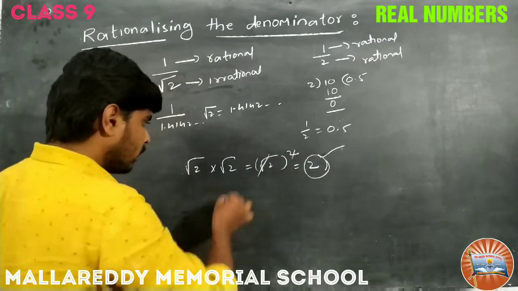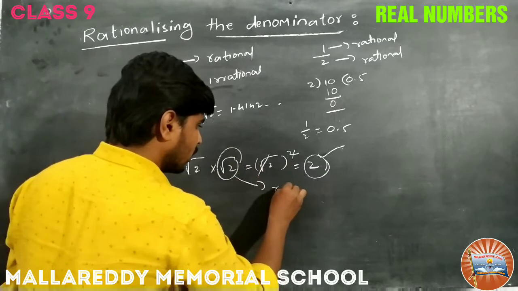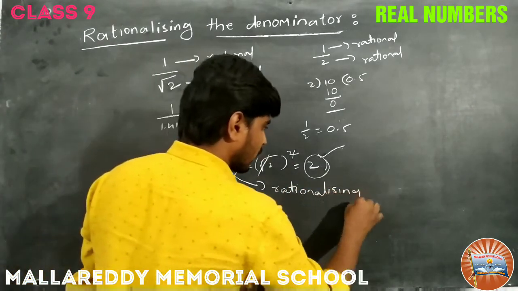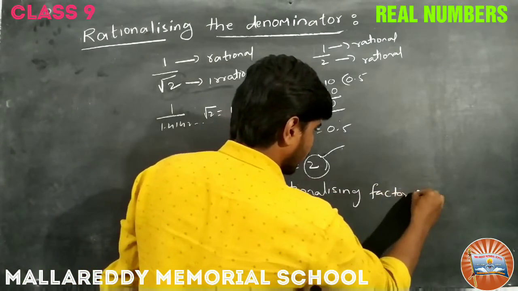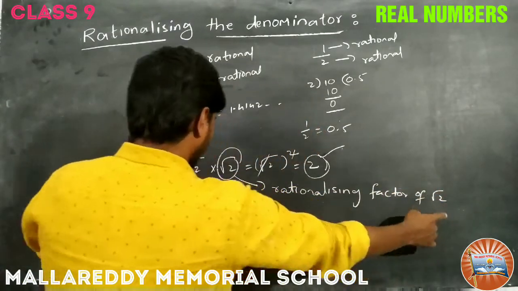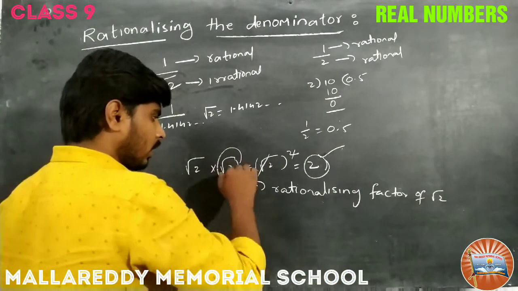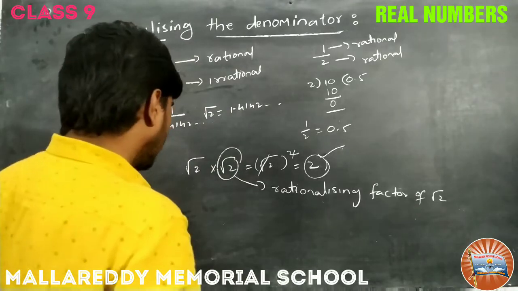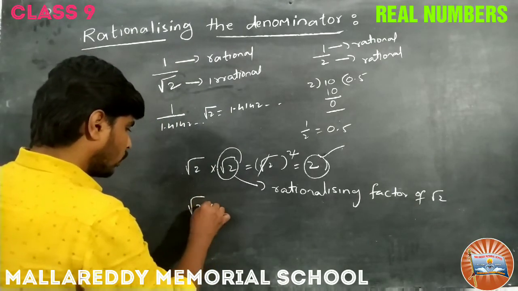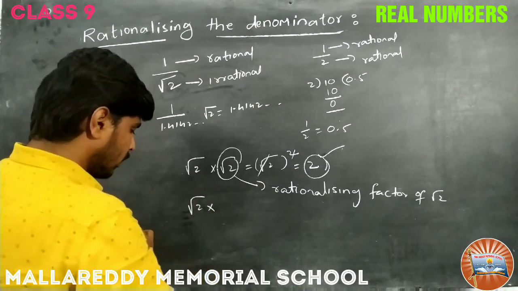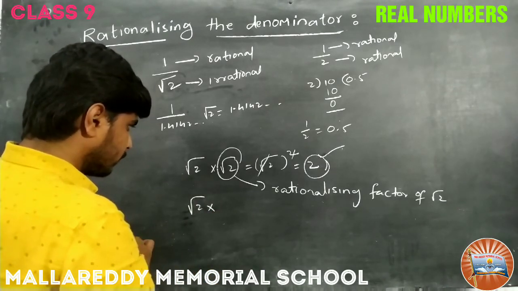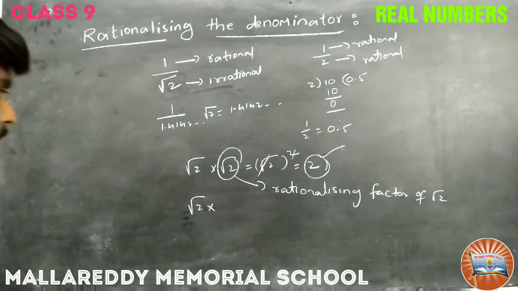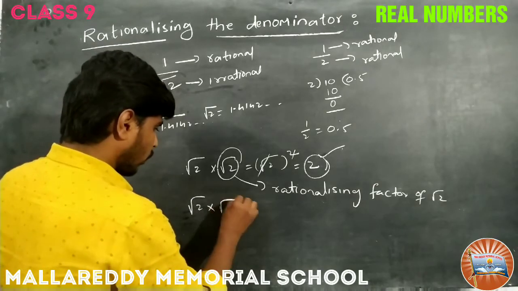So I multiplied an irrational number by one more irrational number, and it becomes a rational number. So this root 2 is called the rationalizing factor of root 2. Similarly, can we take one more number here? Root 2 into root 18.